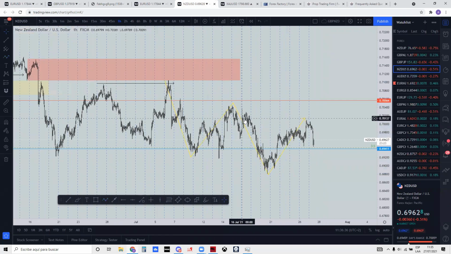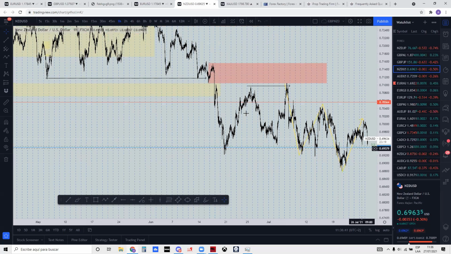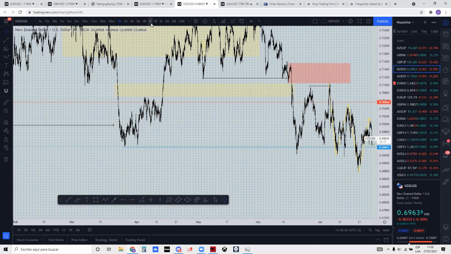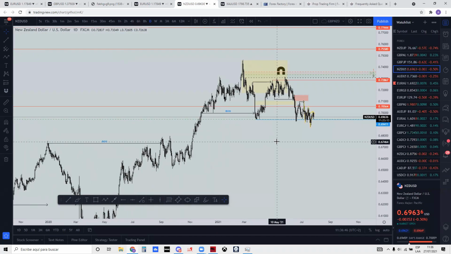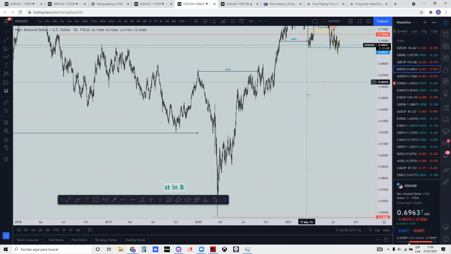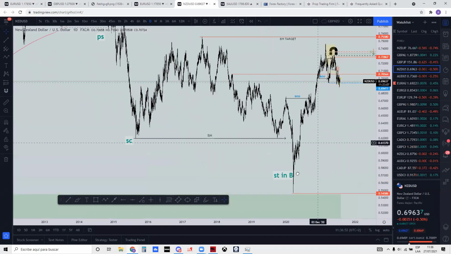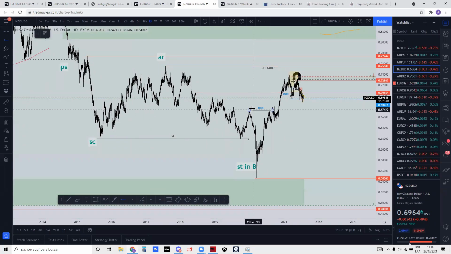Now that price is approaching this lower high, first we need to identify what is the next logical target of liquidity. Otherwise, we are not going to know where price is going. Well, since price is coming from a high time frame level, which is this level, and we have a discount level down here, it will make sense for price to continue falling down to this level and then try to go higher again.